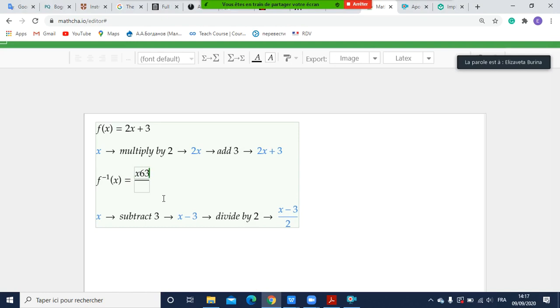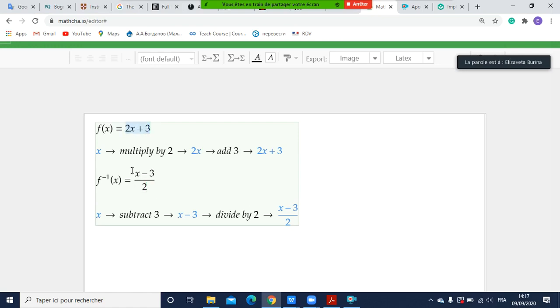In the worst case, if you don't know how to get it and you just want to check something on your micro homework, or have an idea for the derivatives, you can use an online inverse function calculator. But what I wanted you to do here is to really understand the logic behind it.